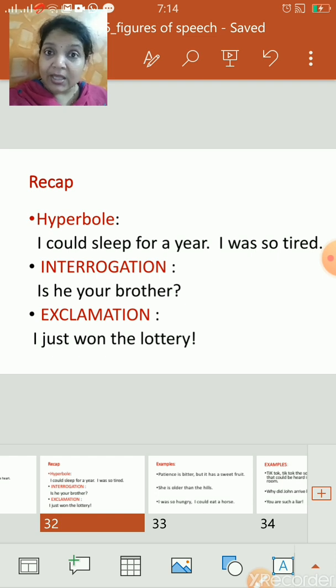Yes, this is an exclamation sentence. So overall we have done the summary of all five types. Now let us go through more sentences and understand whether we are able to recognize the names of these sentences and which type they belong to. Let us go through that once again.